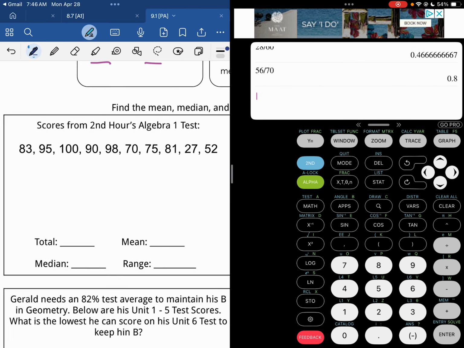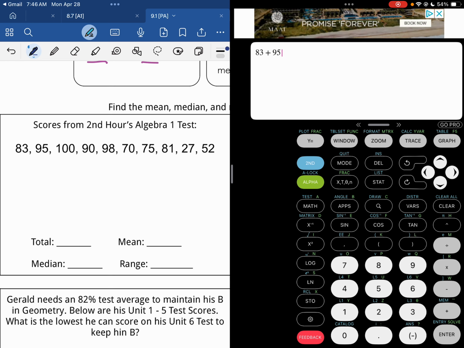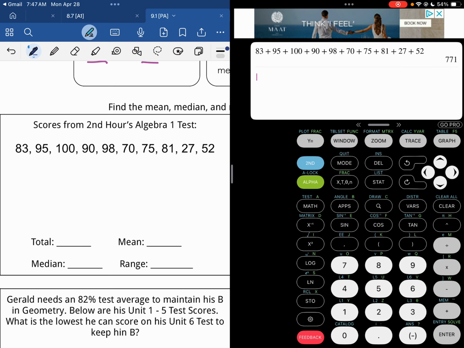All right. So 83 plus 95 plus 100 plus 90 plus 98 plus 70 plus 75 plus 81 plus 27 plus 52. 771.